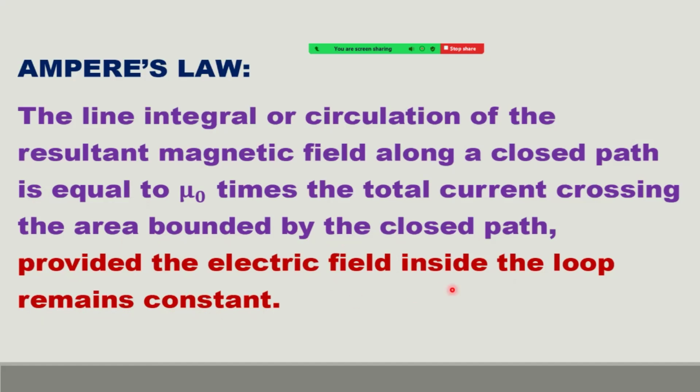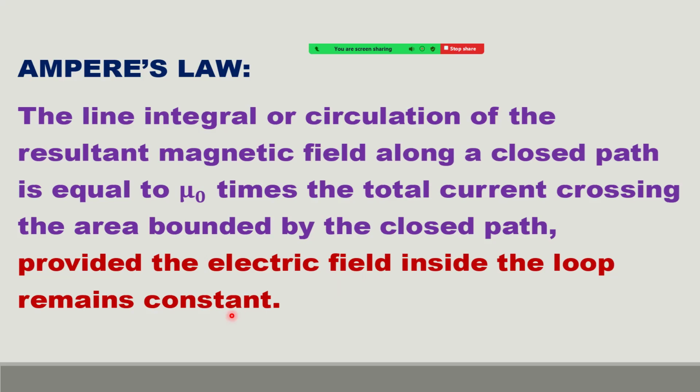So your focus is on this sentence: why should the electric field be constant? In fact, in the next chapter, electromagnetic induction, we are going to learn that a changing electric field produces a magnetic field. But here we want to calculate the strength of the field because of a current carrying wire, right? That's why the electric field must be constant.